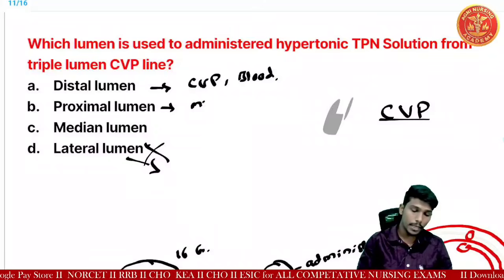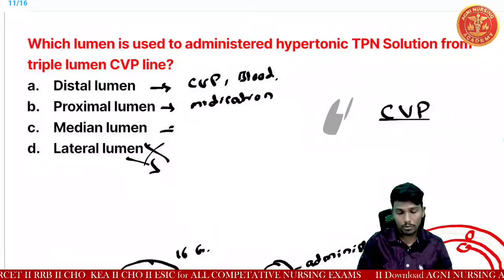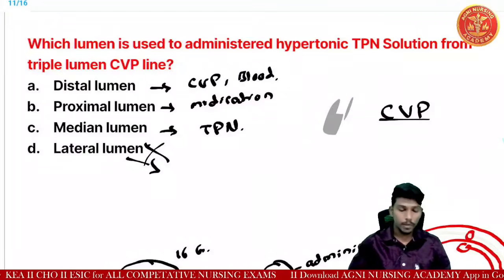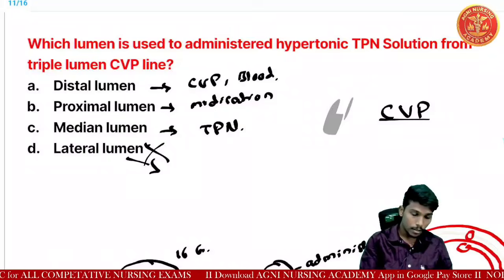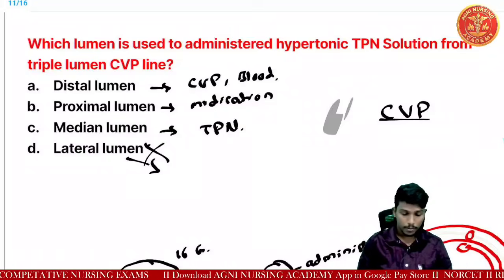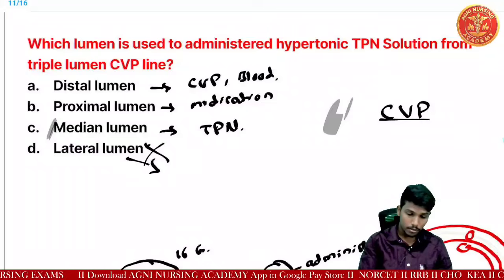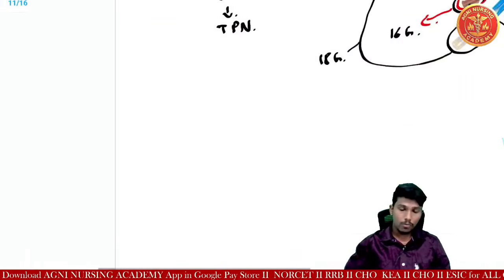We can use it for the medication. Then medial we can use for the TPN. Okay, this is your TPN. Then coming to the correct answer, the answer to this question is median, okay, so medial lumen. Then move on to the next question.